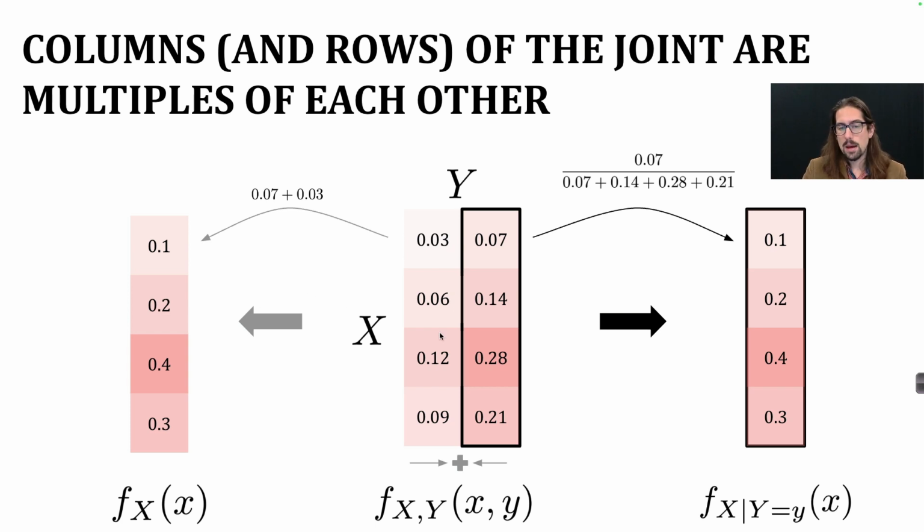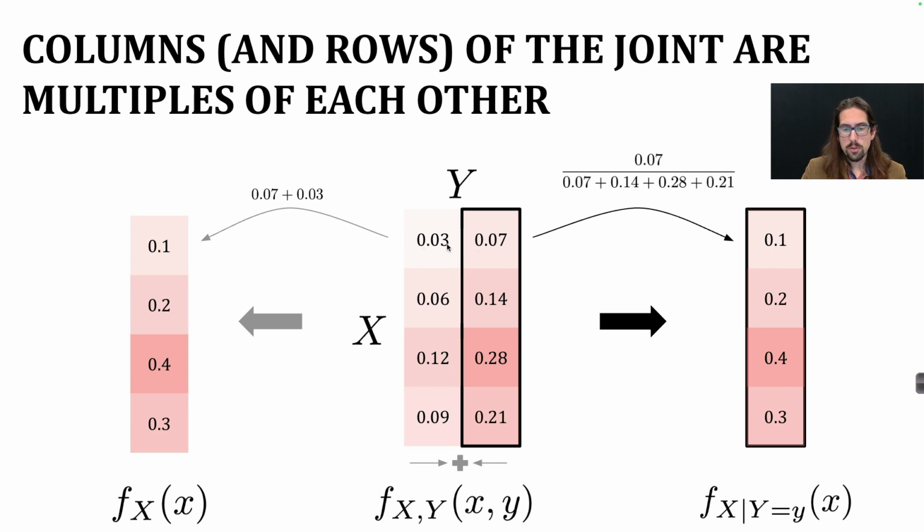I'm just showing you an example of a case where the marginal and the conditional end up being the same. And this happens precisely when the columns are multiples of each other. For example, it's easier to see actually with the rows.